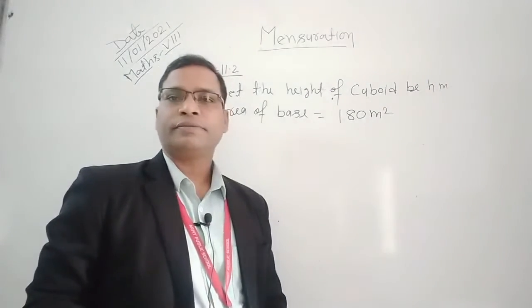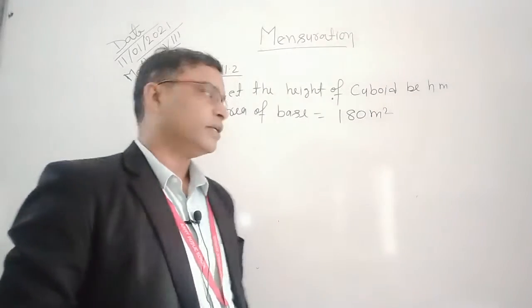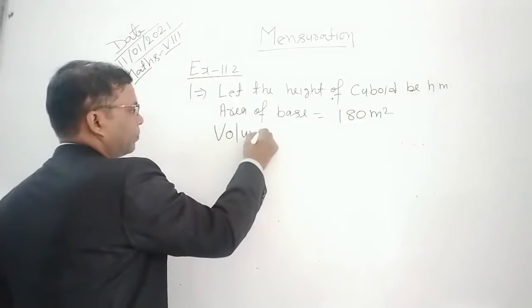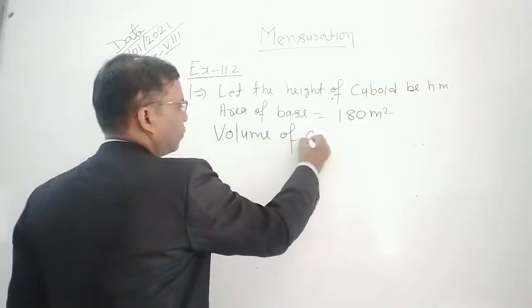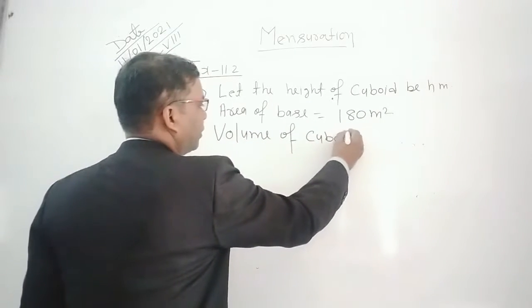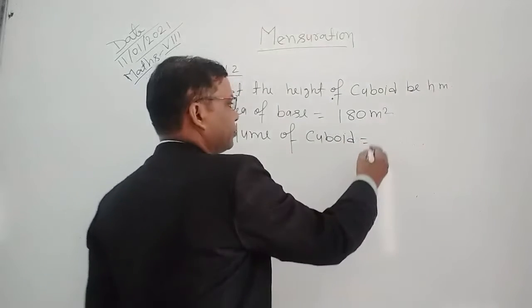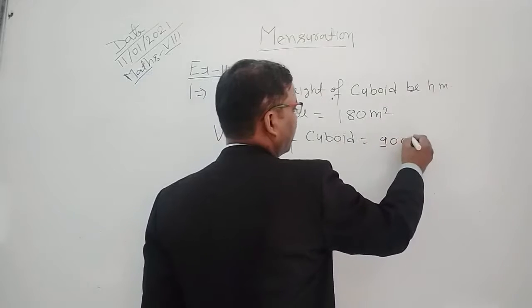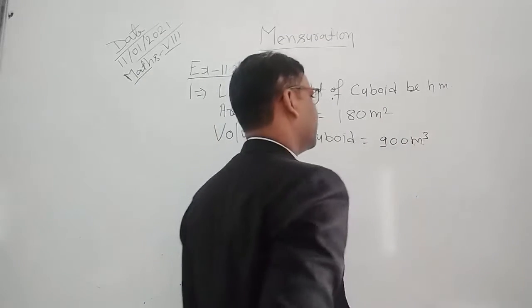And also given volume of cuboid is equal to 900 meter cube. This is given.